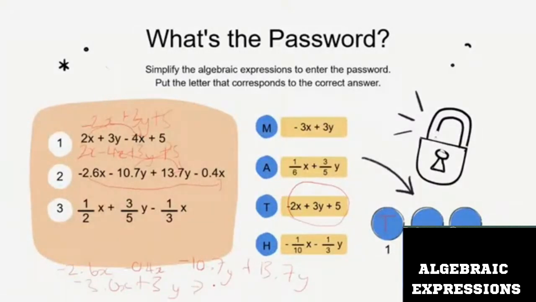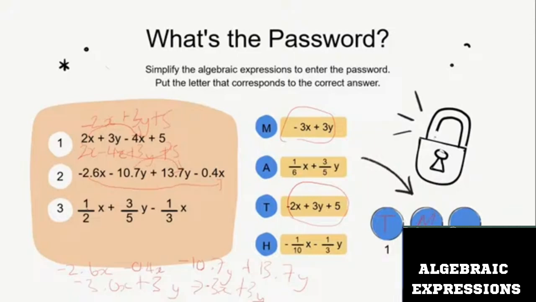So our answer would be minus 3x plus 3y. So yes, we have an answer like that. This one, so 2 is M.